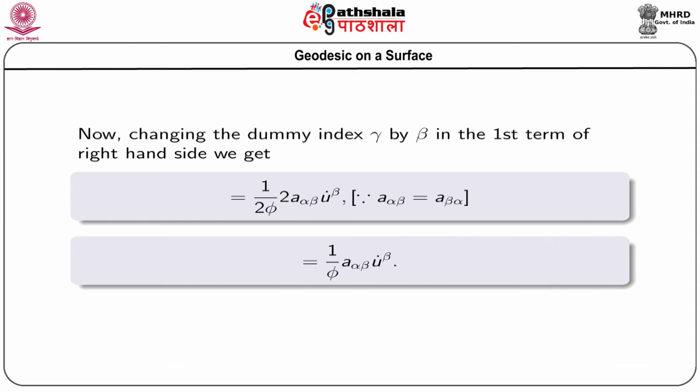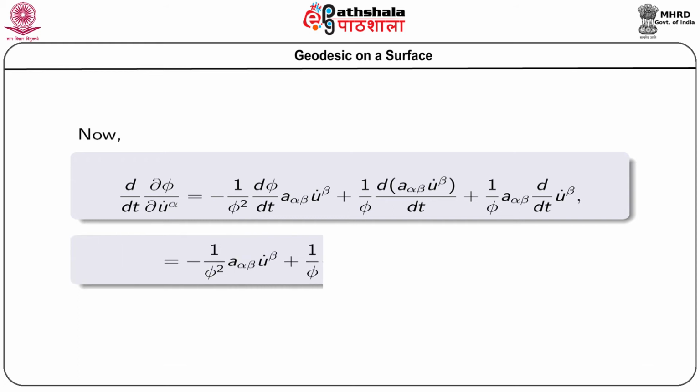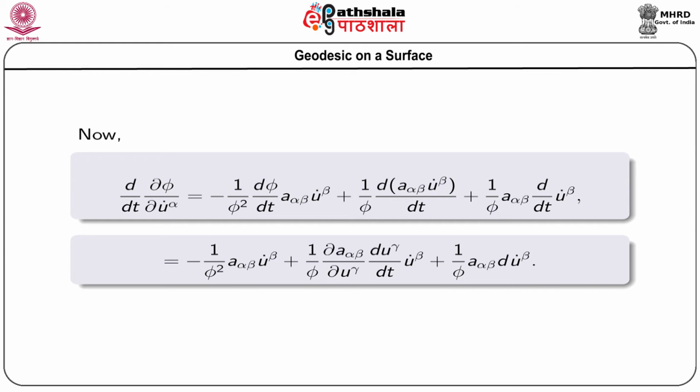So, the expression ∂φ/∂u̇^α comes to 1/φ a_αβ u̇^β. Now, we find the expression d/dt of ∂φ/∂u̇^α, and which comes to this expression. Simplifying this one, we get this expression.